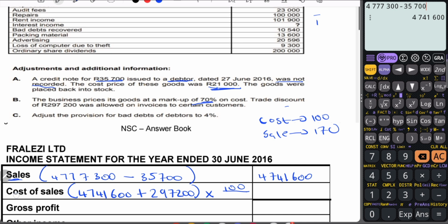Why 100? Because we are looking for the cost of sales over what we are given. We are given the sales here. I'm adding back. Listen to me on this one. Why do I add it back? I want to calculate the cost price.